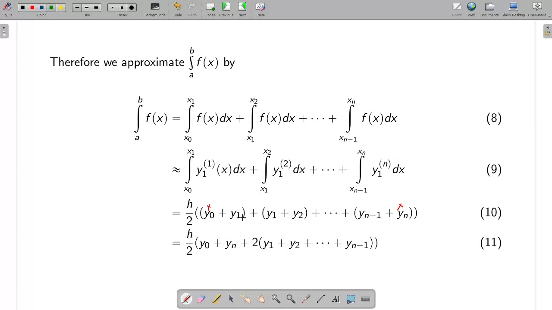You can see y1 would be added twice, y2 would be added twice, y(n-1) would be added twice. So plus twice (y1 plus y2 up to y(n-1)). This is what the formula is. This is the formula for your trapezoidal rule.